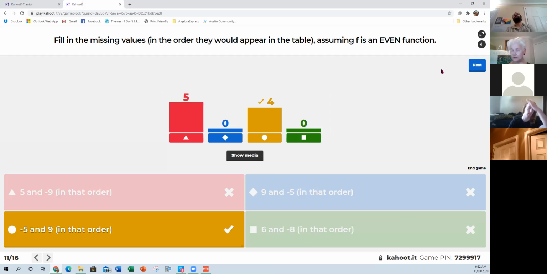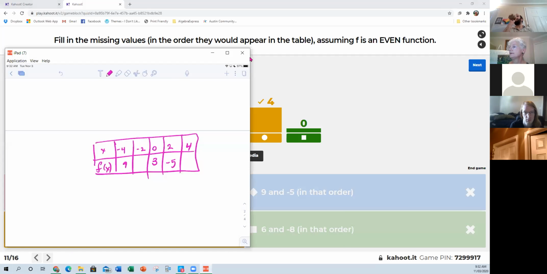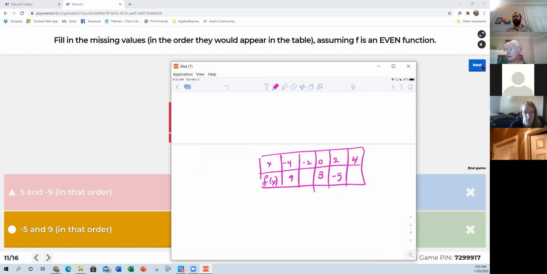Okay, so let's look at this. So we want this to be even. So if it's even, that means that these two, the y values will match. So this would be a 9. And here also the y values should match.